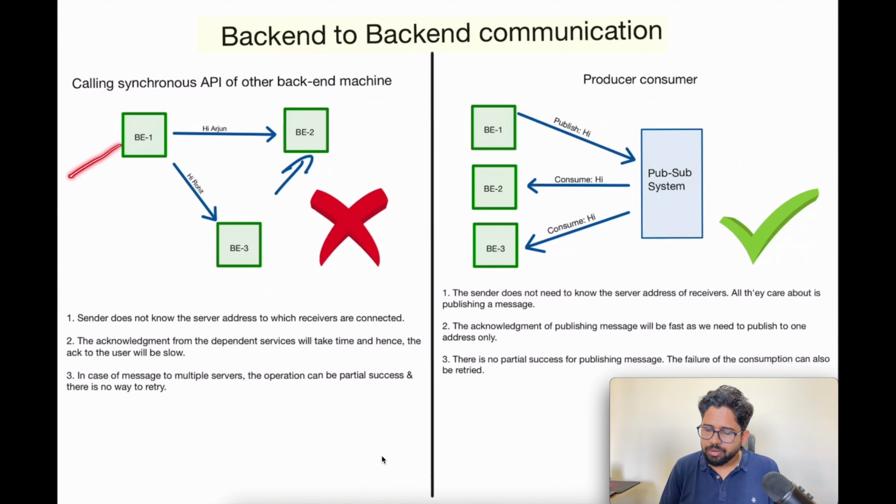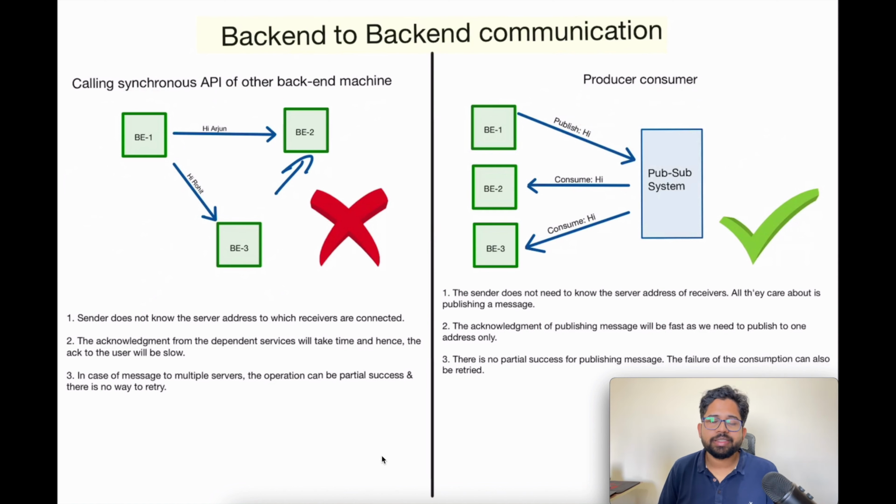How would backend machine 1 know in which machine Rahul belongs to? The problem here is that the connectivity to the machines can keep on changing every day, or even after a few hours, because these are machines which will keep on dying and new machines will keep on coming up. So you cannot bind a user to a particular machine to which that user is connected.